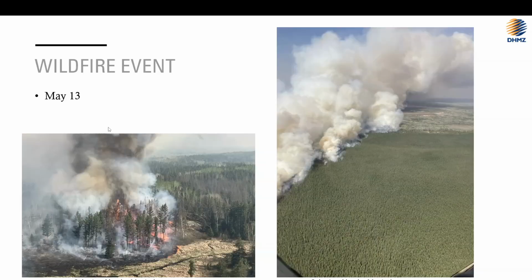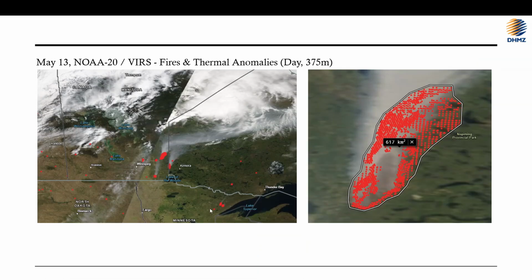And here we can see some aerial photos of the fires. Really, it covered the west areas of the wilderness, and we can see the smoke plumes rising into the air. And here on May 13th, on the NOAA VIIRS Fires and Thermal Anomalies product with the 375 meter resolution, we can see the fire areas, the fire hotspots, with the most activity being here in the southeastern part of the Manitoba province.